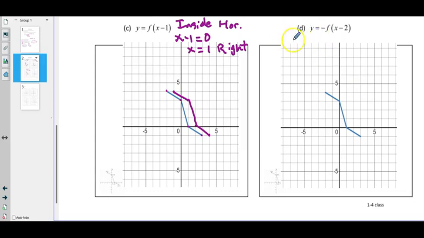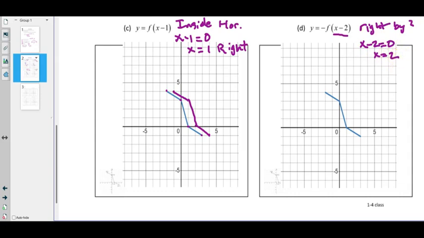All right, D here is a little different. We have an additional piece. I know I have inside of my function, let's actually answer things that we know. We've dealt with an inner function shift. So this is a horizontal shift to the right by 2. Again, we get that because we set x minus 2 equal to 0, and we get x is equal to 2.